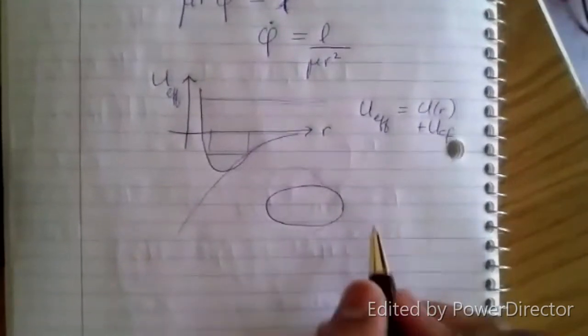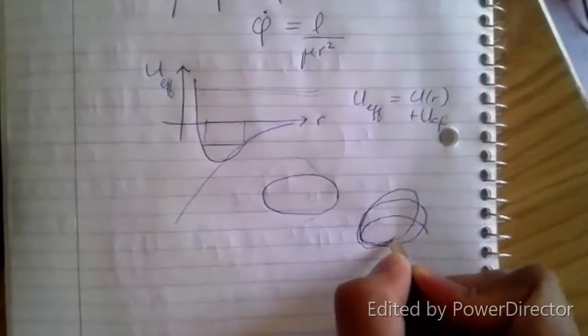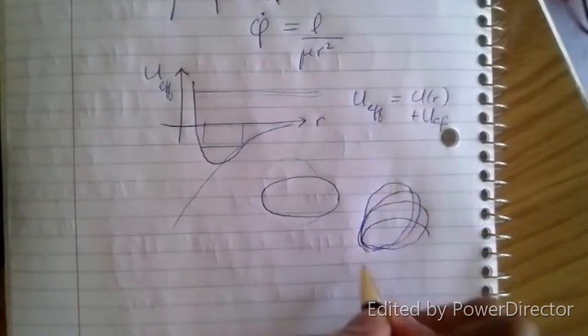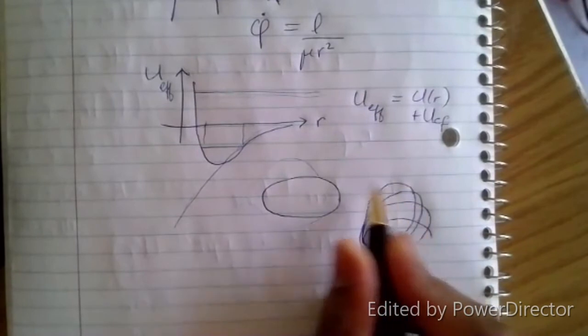But if the periods are slightly different, what you end up with is a precessing orbit, where the values of R min and R max stay the same, but the angle keeps shifting so that the orbit as a whole is precessing.